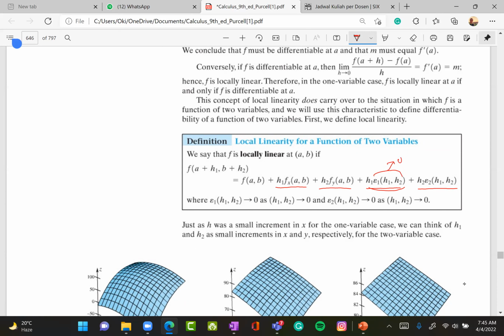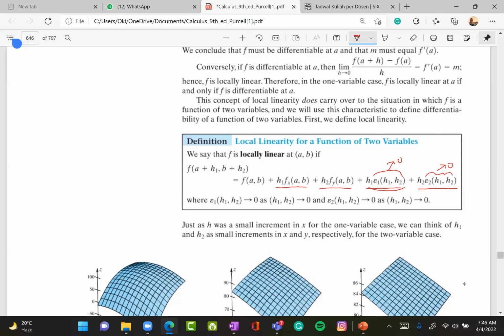And if you multiply it by h, because h is small, that's even smaller. And this epsilon 2 is small, goes to 0, and if you multiply by h, it's getting even smaller. So the whole thing divided by h goes to 0.